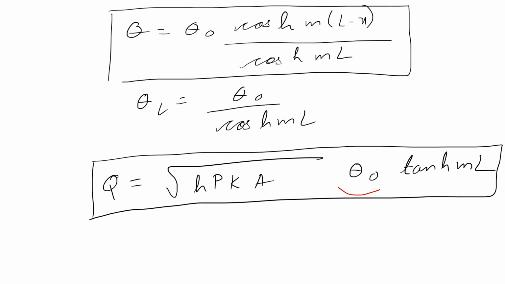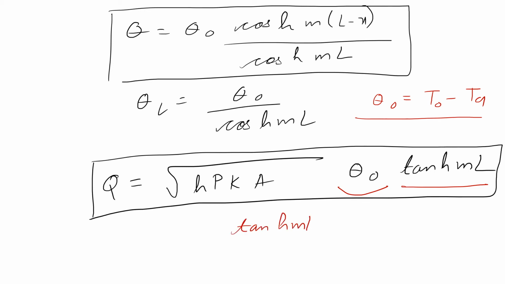Now we know what theta naught is here. Theta naught is T naught minus Ta. So we can directly put it in the formula for solving problems. Now we have seen that for infinitely long fins, there is no tanh mL quantity. So when the fin is infinitely long, the tanh mL value equals 1.